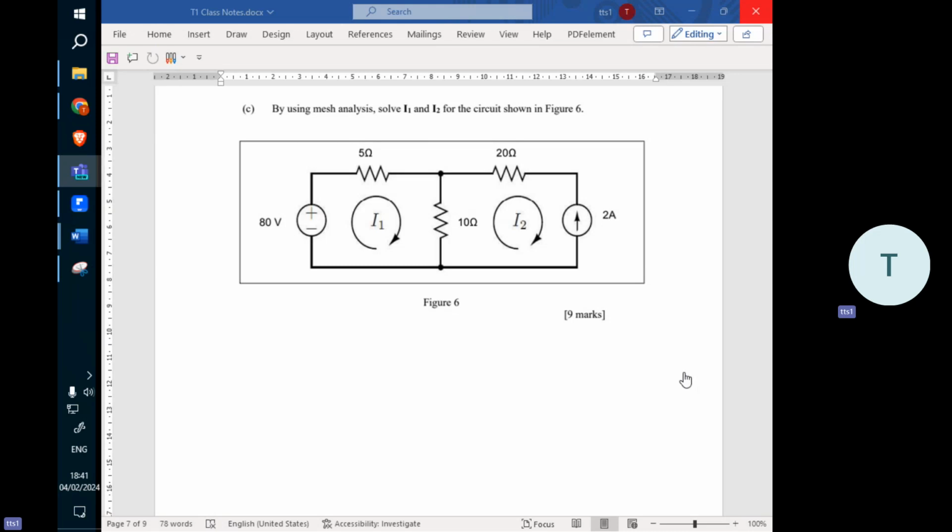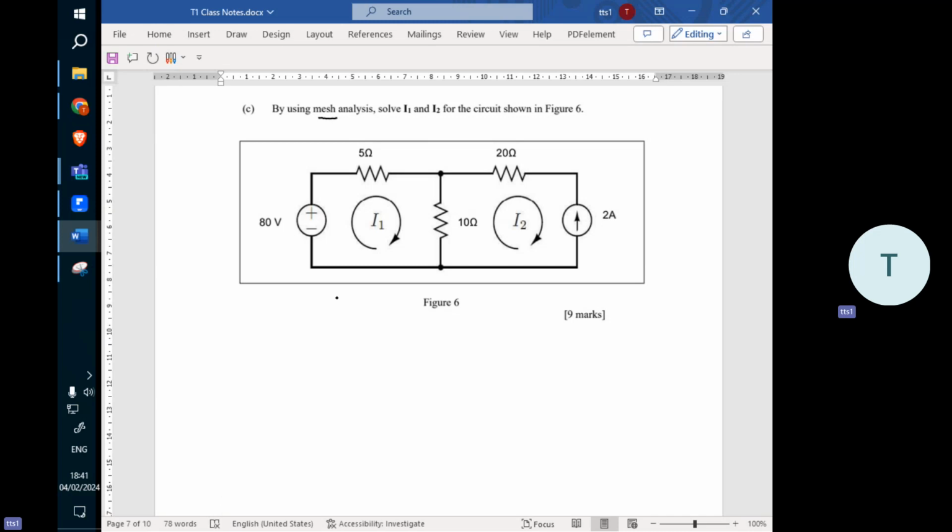All right, for this question, it said very clearly to use mesh analysis. Mesh analysis is doing the KVL. Let me give you some background information.